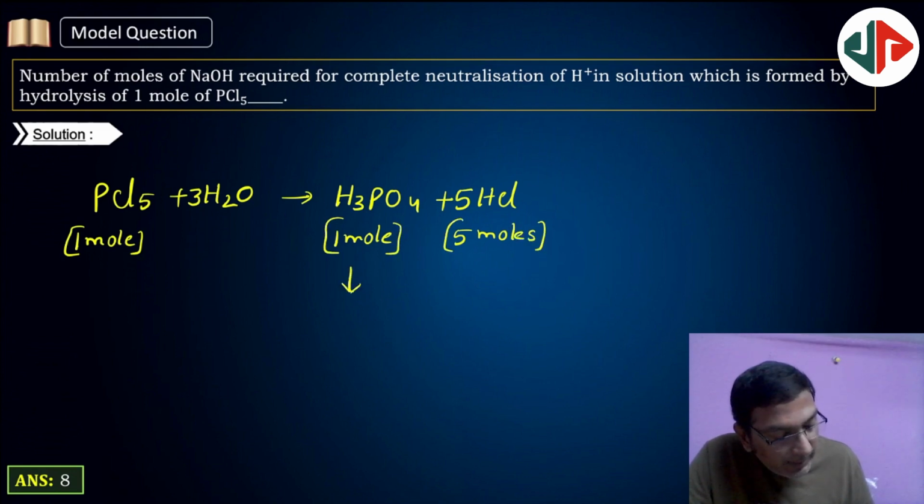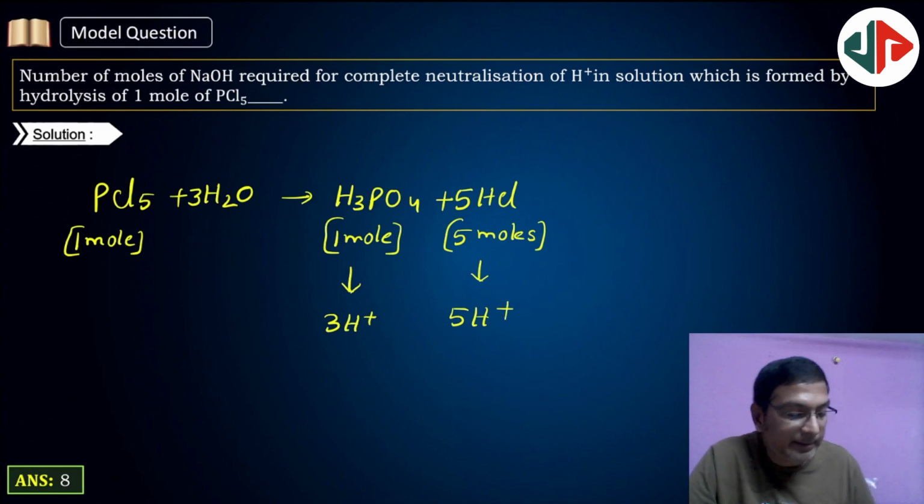So here 1 mole contains 3 H plus ions and here 5 moles contain 5 H plus ions.